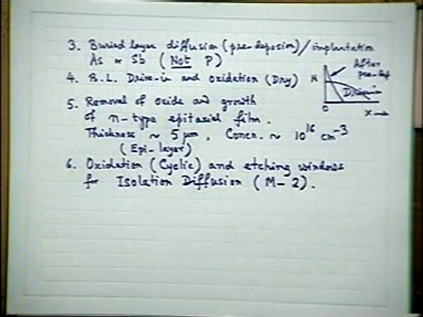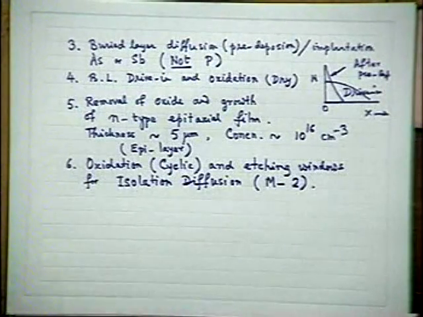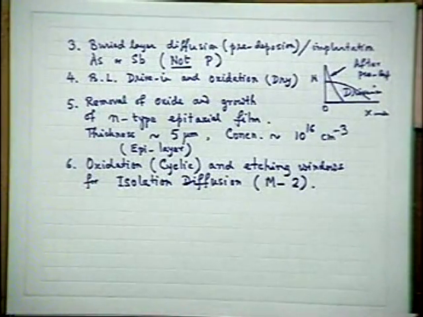The sixth step is again oxidation after epitaxial film growth. Remember what epitaxy is. Epi is a Greek word meaning upon, and taxis means arrangement. That means the film which is deposited has the same crystalline nature as the host crystal without any discontinuity of the lattice.